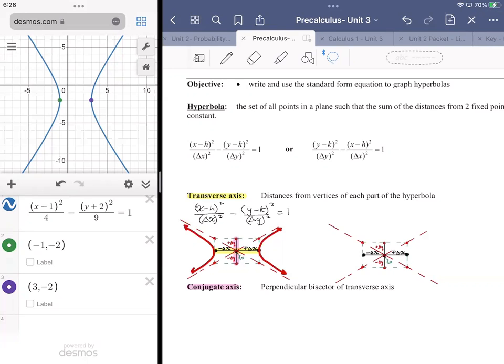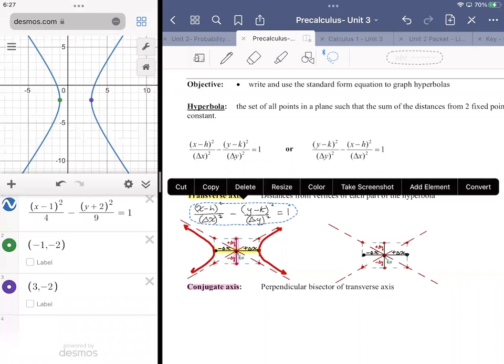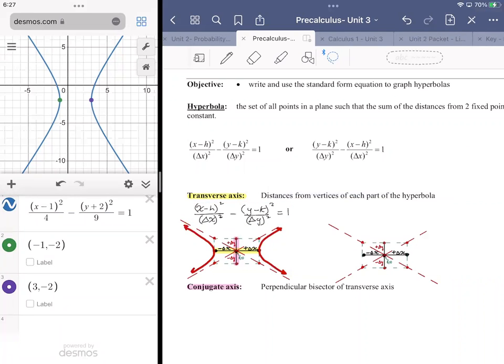Now going the other way requires us to change the form of the equation. If I swap this around a little bit, I have my standard form equation for that first variation of a hyperbola, but let's say I wanted to do it with the y information coming first.